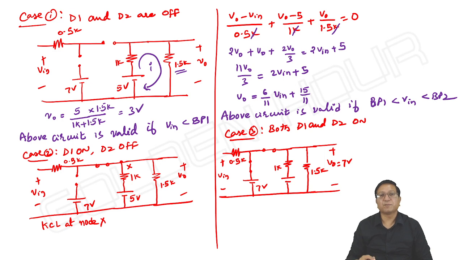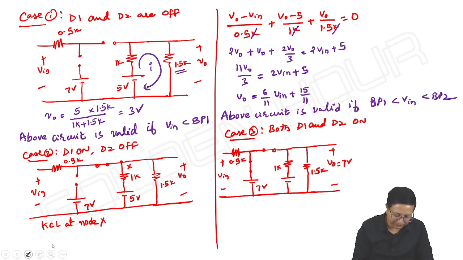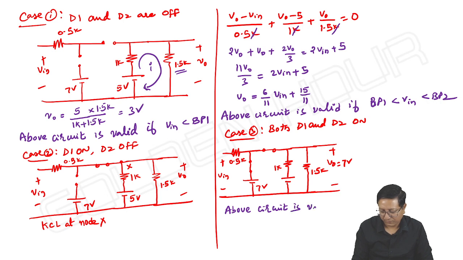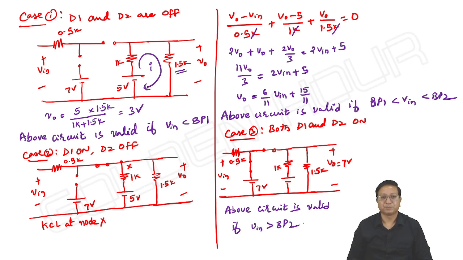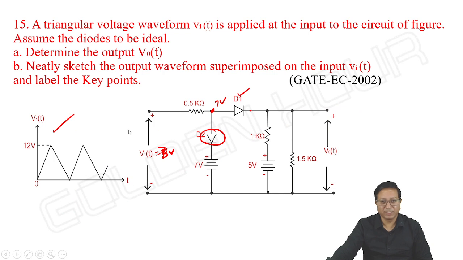This is valid for input greater than breakpoint 2. Now let us find the breakpoint values. That's it. Is there any other case possible? No. Further, if you increase input, both are on. That's it. Right? That's the final thing.